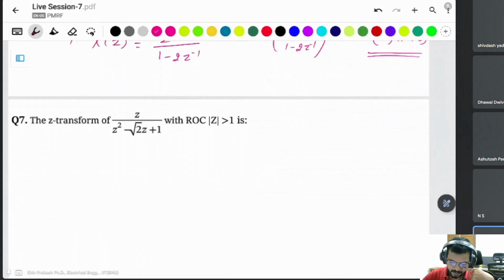Okay. The Z transform of Z divided by Z square minus root 2 Z plus 1. The ROC is greater than 1. How can you find this type of question?